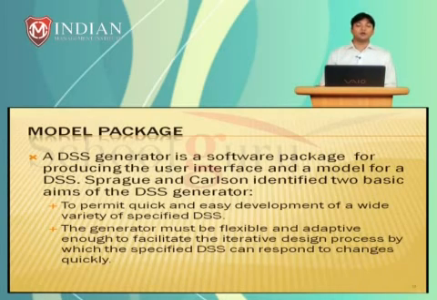So it should be flexible and adaptive so that it can align with the specified DSS and respond to what is required. Many times quick changes are made to the system, so the integrated system should be adaptive enough to respond to those quick changes.